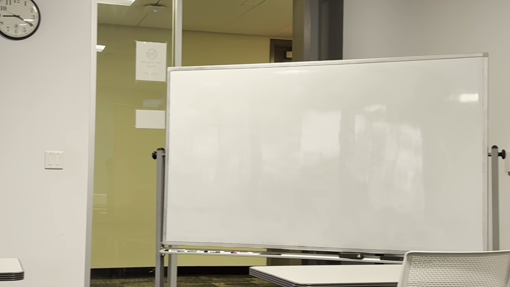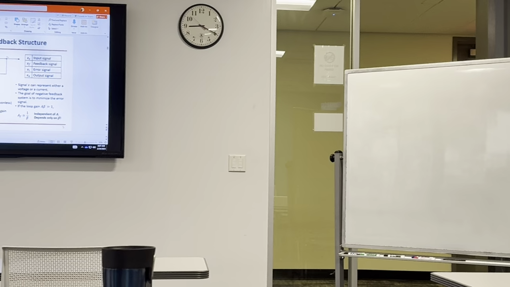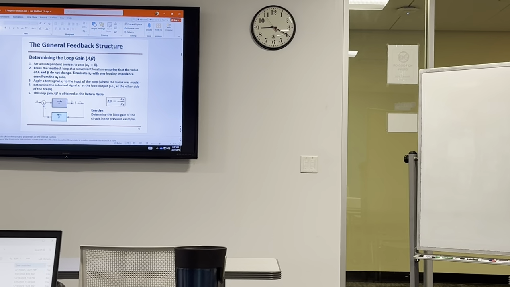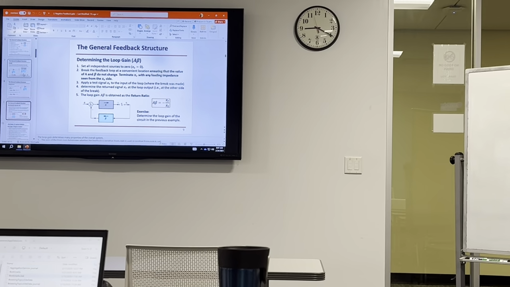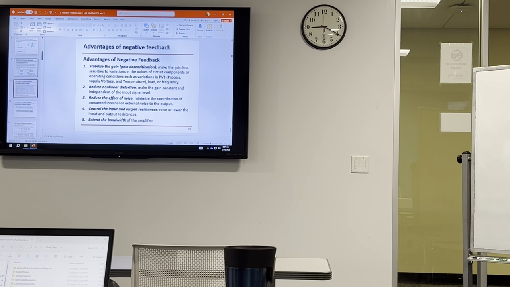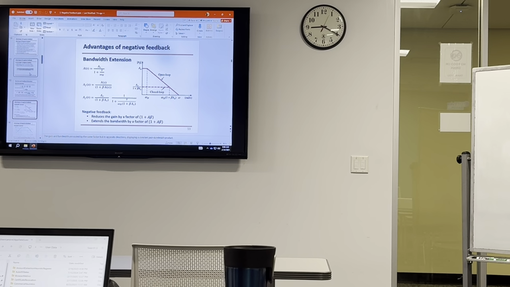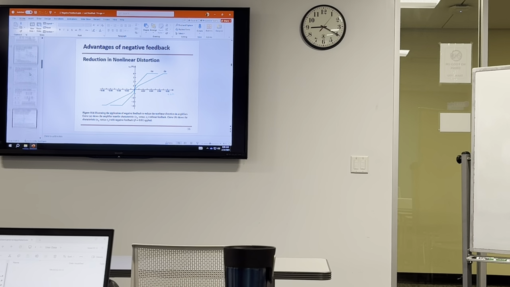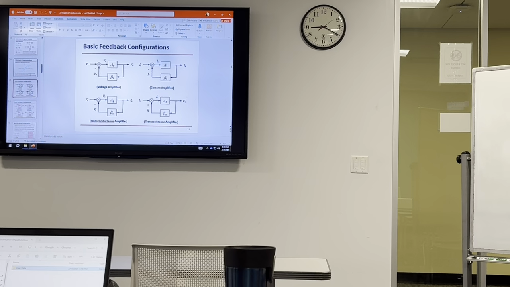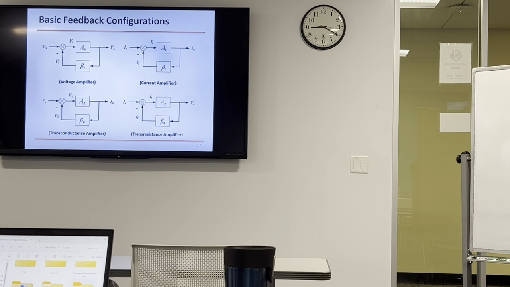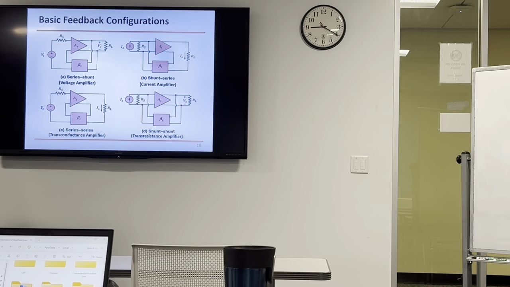We're talking about the feedback block diagram, the negative feedback, advantages of feedback, disadvantages of feedback, and we talked about each advantage individually, and then we mentioned the four possible topologies for feedback. We can have voltage amplifier, current amplifier, transconductance amplifier, transresistance amplifier. And each one has a different name in the feedback.